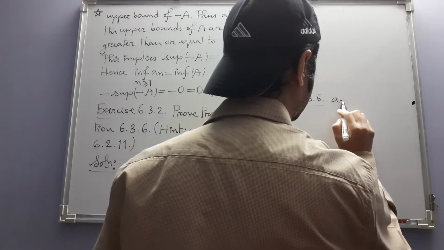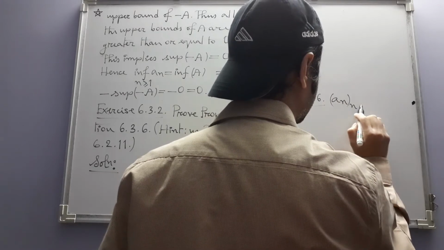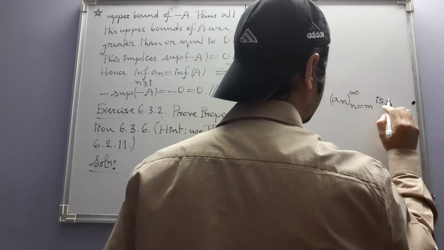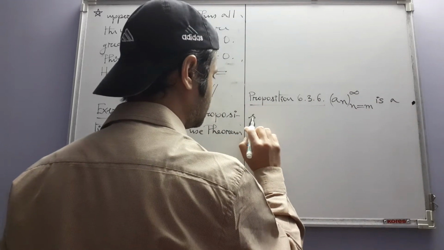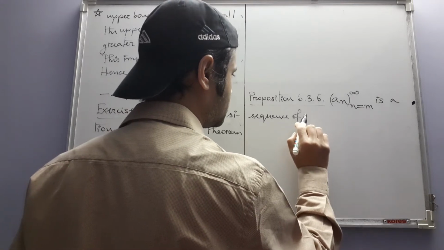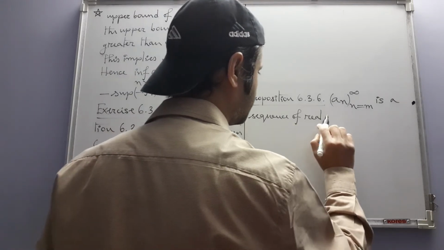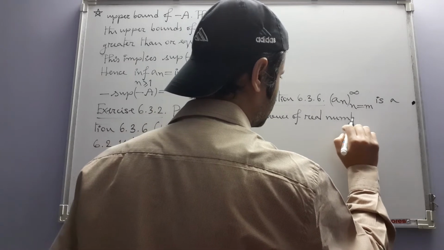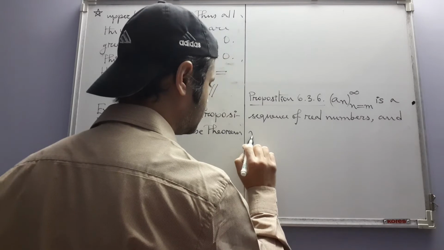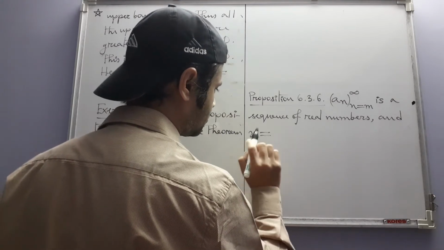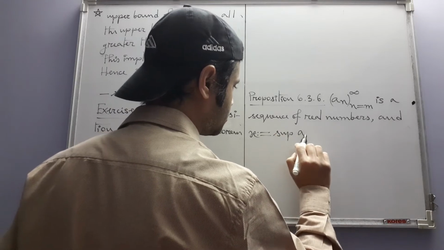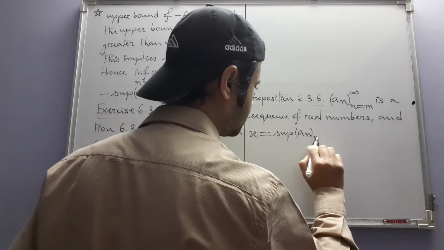So an is a sequence of real numbers, and x is defined to be the supremum of an.